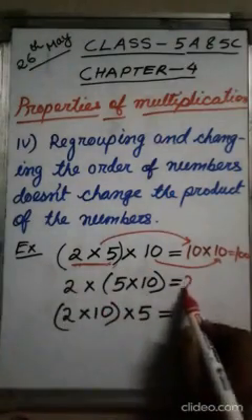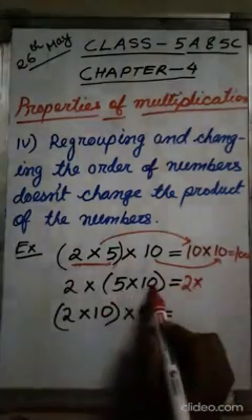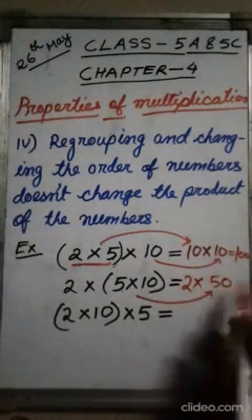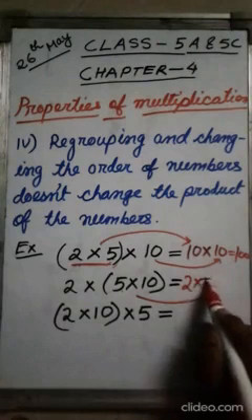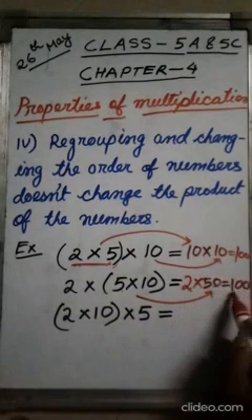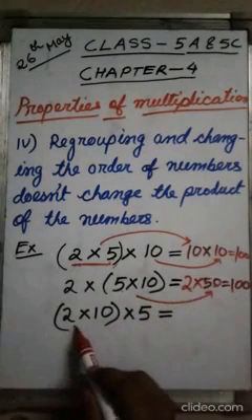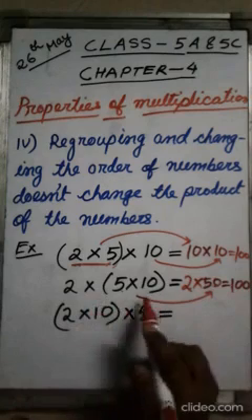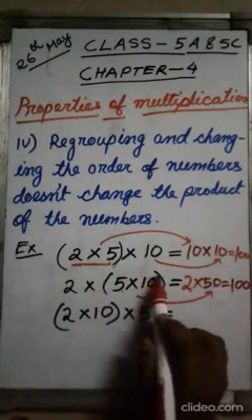Here 2 into 5 into 10: 5 into 10 is 50. 2 into 50 is 100.